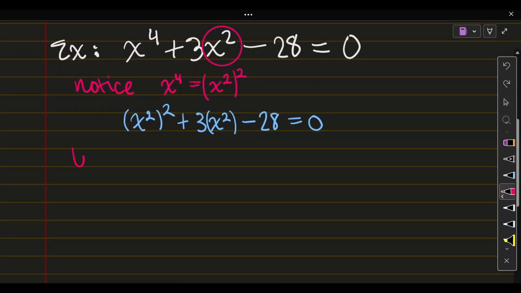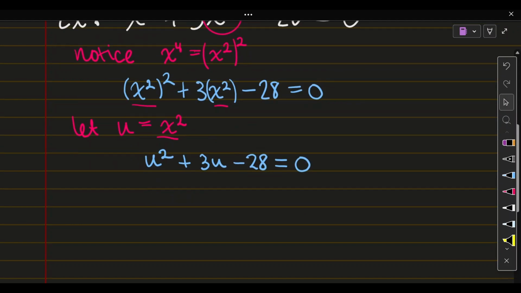So I will let u equal x squared, and I can rewrite this equation here in terms of u. So if my u is x squared, then I just replace everything where x squared is with u. And this equation becomes u squared plus 3u minus 28 equals 0.